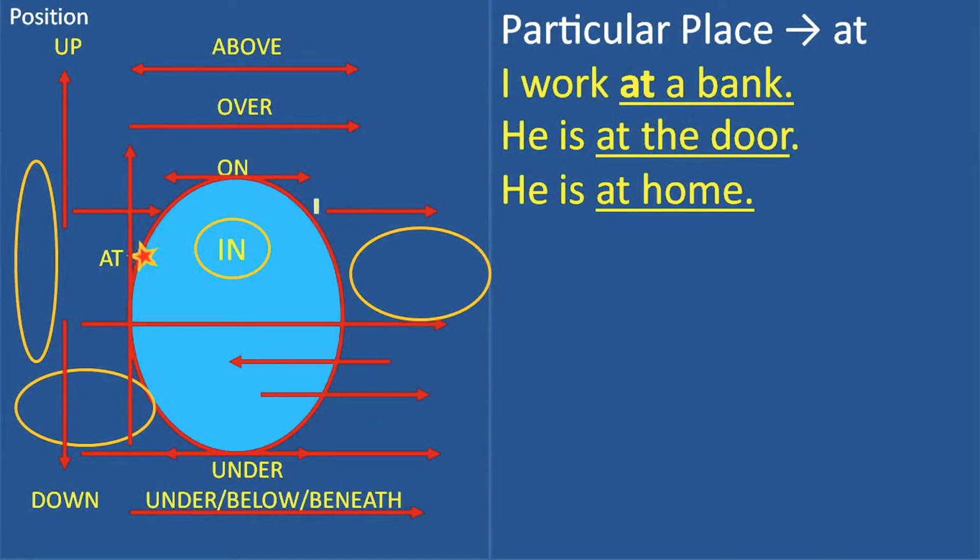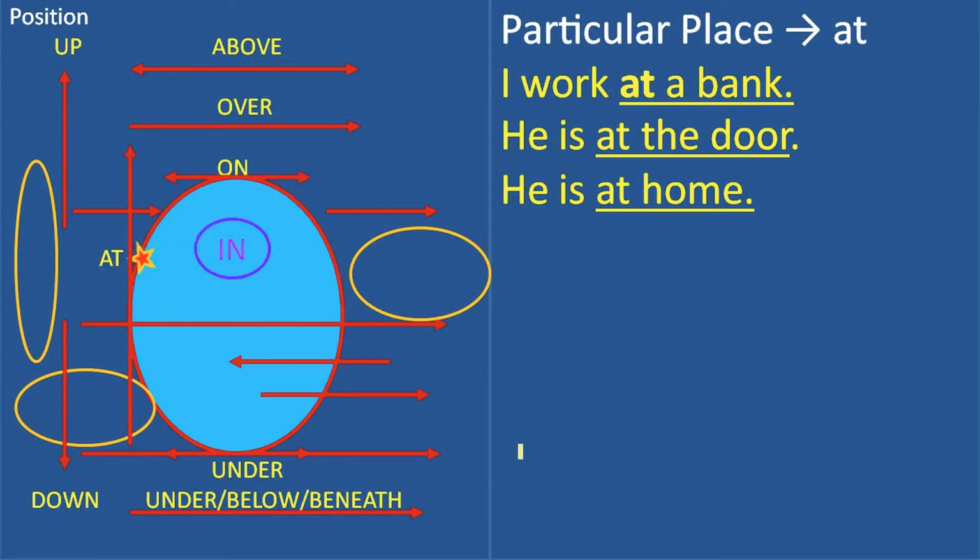I work at a bank, he is at the door, he is at home. He is not in another place of the house. There are window, kitchen, room, bathroom, various places, but he is at the door, in a particular place. So we will use at here.